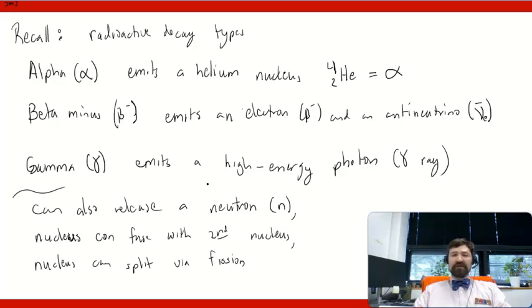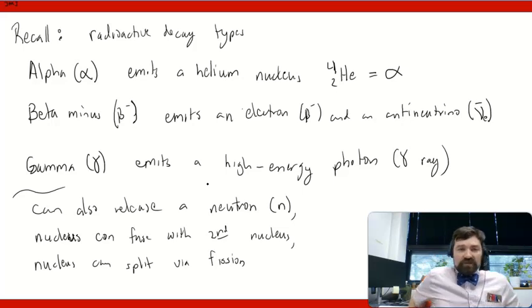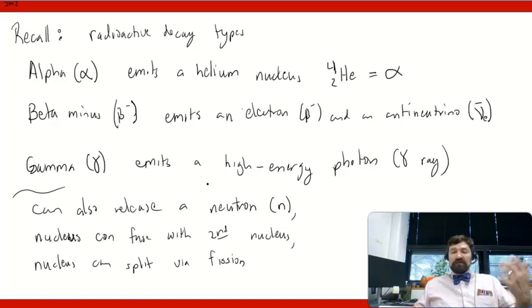You can also get fission reactions, and that's where you have a large nucleus which splits into 2 smaller ones and maybe a spare neutron or spare alpha particle or what have you. So these are the different types of radioactive decay types and or nuclear reaction types that can release these decay materials.